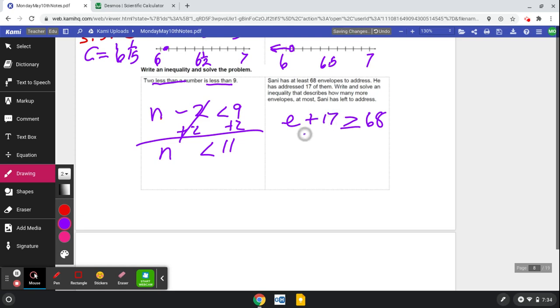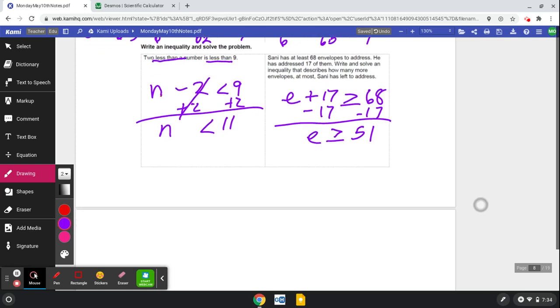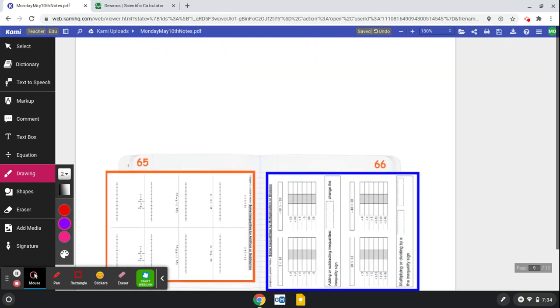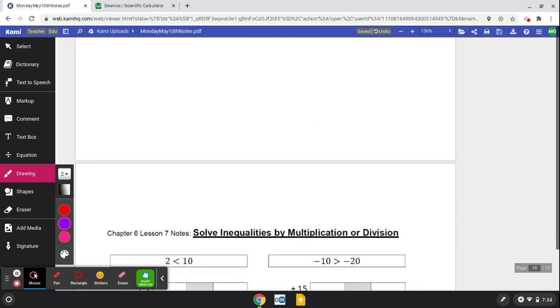Or she. Subtract 17 on both sides. And how many envelopes must we still do? 51 or more. Okay, you can go over and beyond. Gotta look for those keywords. Those are what's going to help you.